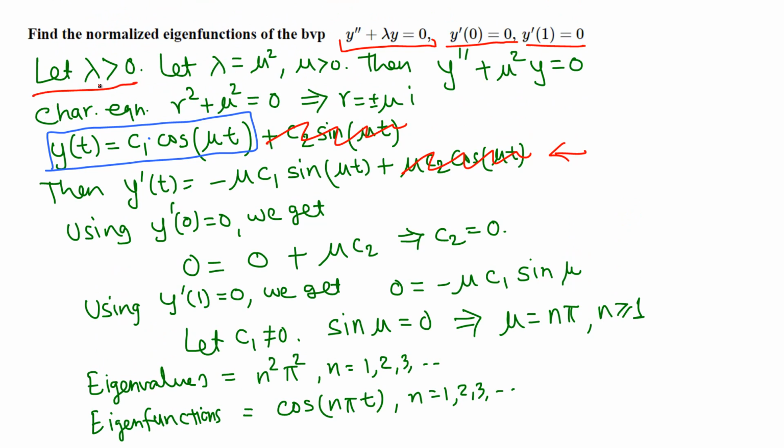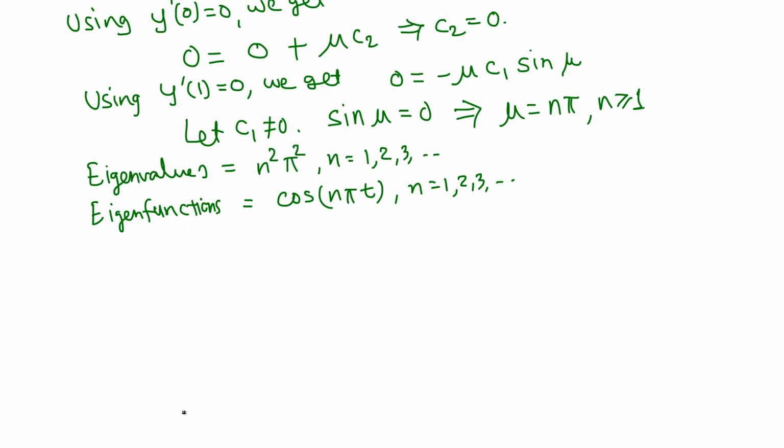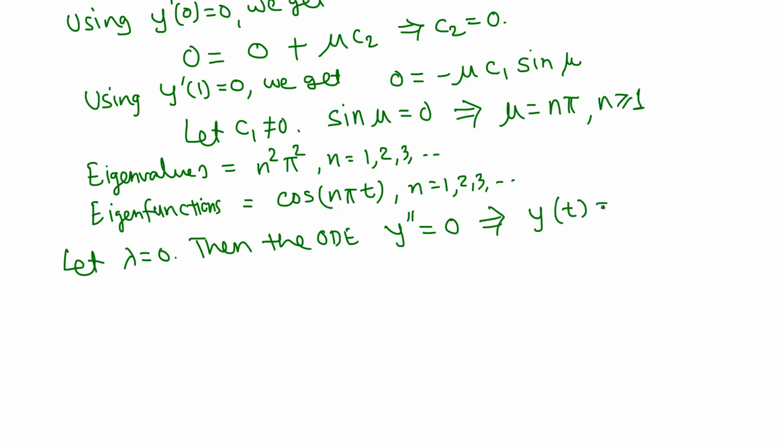Next, let's consider lambda 0. So in the case let lambda be 0, then the ODE is just y double prime plus lambda y equals 0, lambda is 0, so it's y double prime equals 0. If we integrate one time, then we get just a constant, so y prime equals a constant.